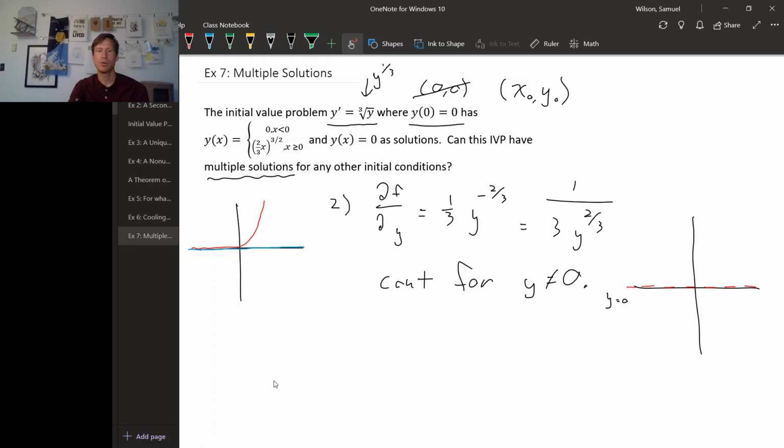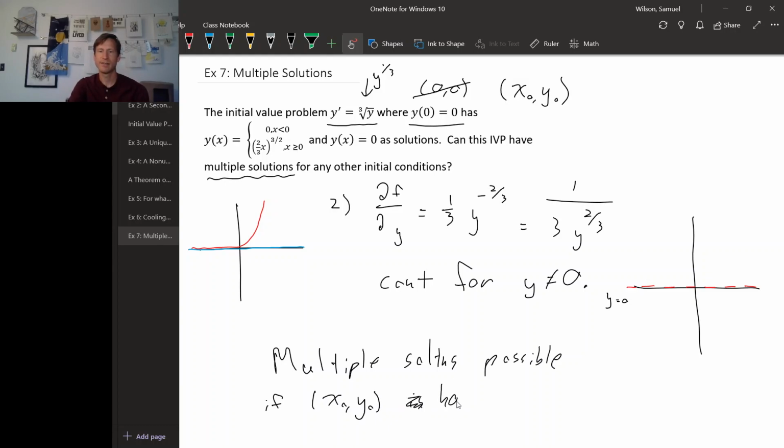Okay, so multiple solutions are possible if our initial condition has its y value, y sub 0, be 0. If the y value is 0, then we're on this dashed red line, and that is the place where we cannot guarantee unique solutions.